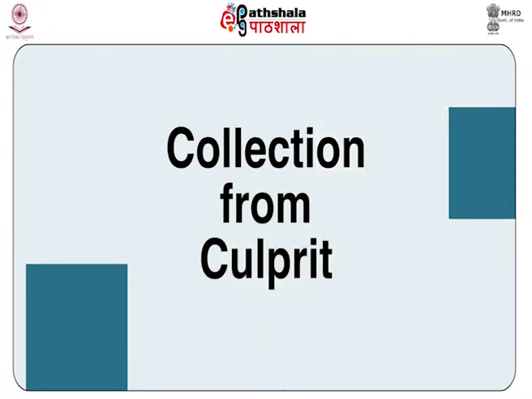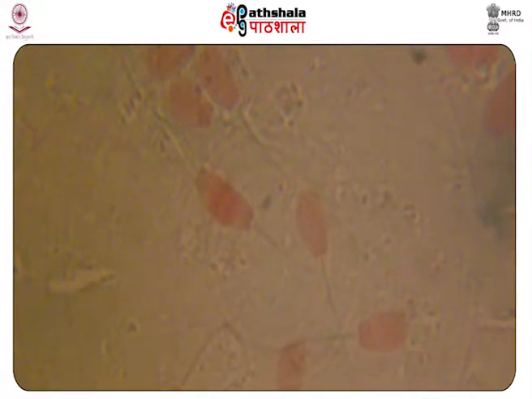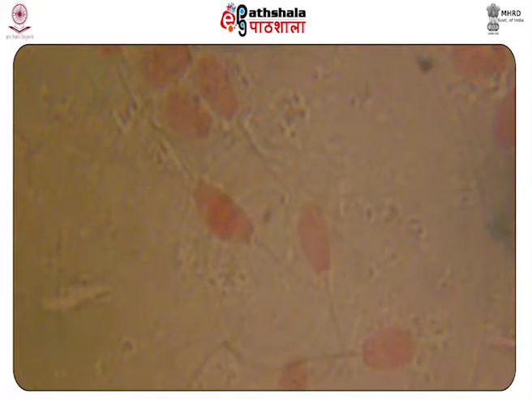Collection from culprit. Seminal stains may be found on the flies and front parts of trousers, undergarments, and on the front or back flap of the shirt of the culprit. The culprit may have used a handkerchief or loose piece of cloth, paper or fibers to wipe off the seminal fluid.